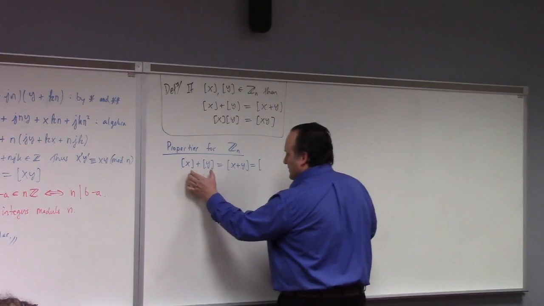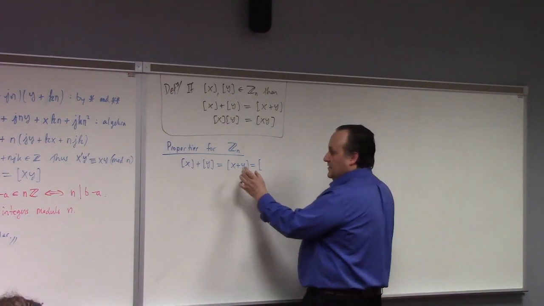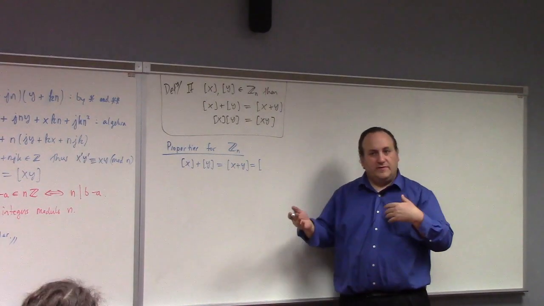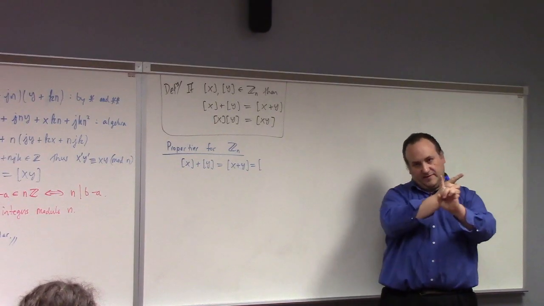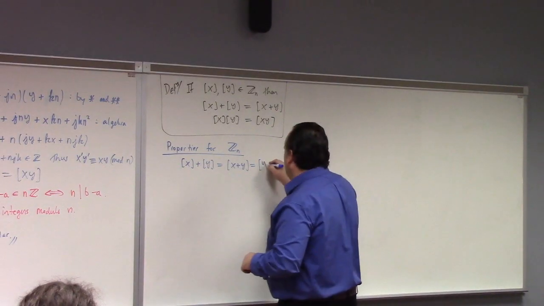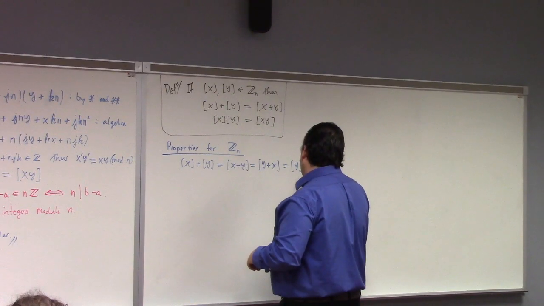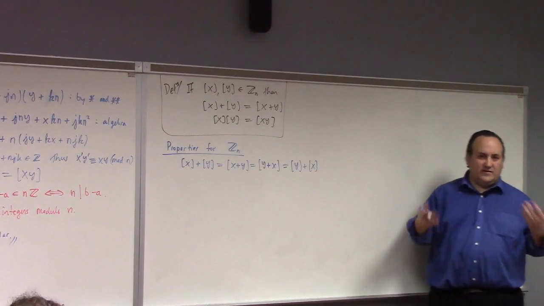Why? I'll do the proof right here. We add the equivalence class of x plus the equivalence class of y, which is equal to the equivalence class of x plus y. But we know that addition in the integers is commutative, so I can trade that for y plus x instead. And then by the definition right above, I have this. So this gives me commutativity of addition.